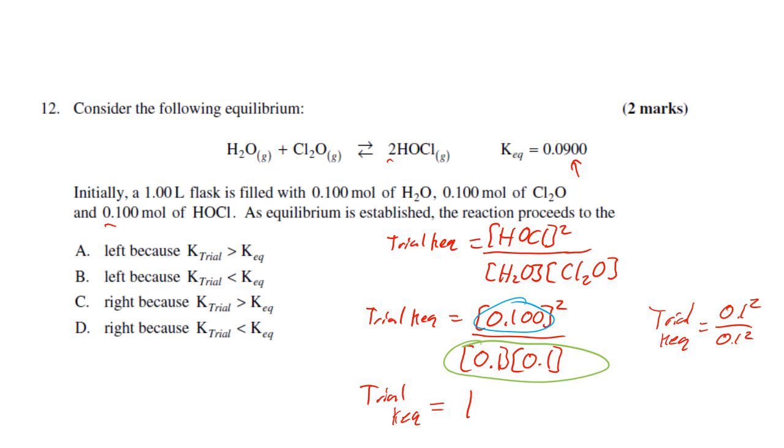What I'm trying to say is that we need less products, more reactants. Or in other words, more reactants and less products means it's a shift to the left. So we're going to be looking at shift to the left. And that's because trial KEQ is much larger than KEQ.